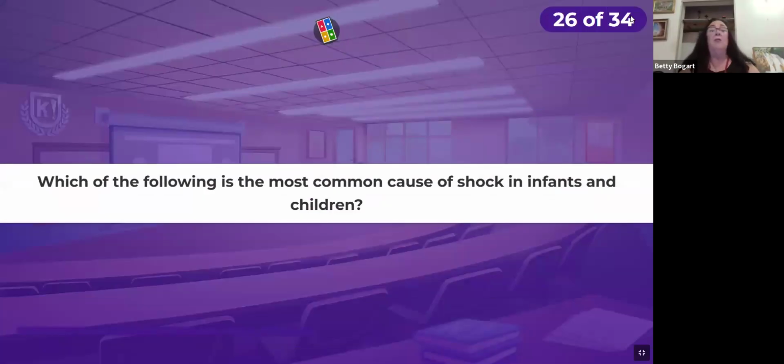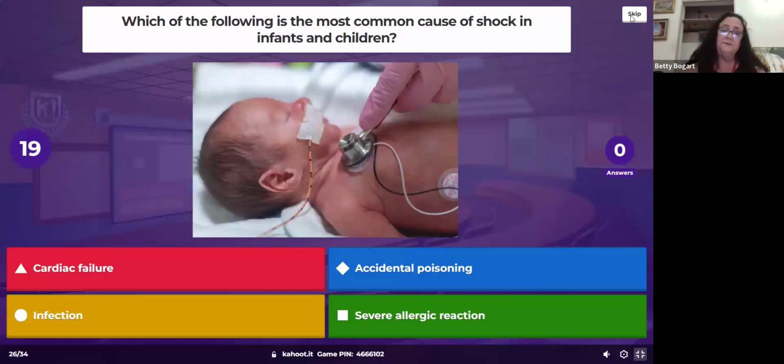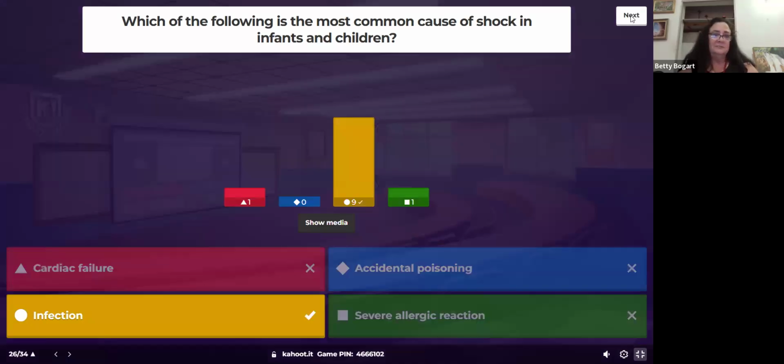Which of the following is the most common cause of shock in infants and children? Most common. And it's infection.